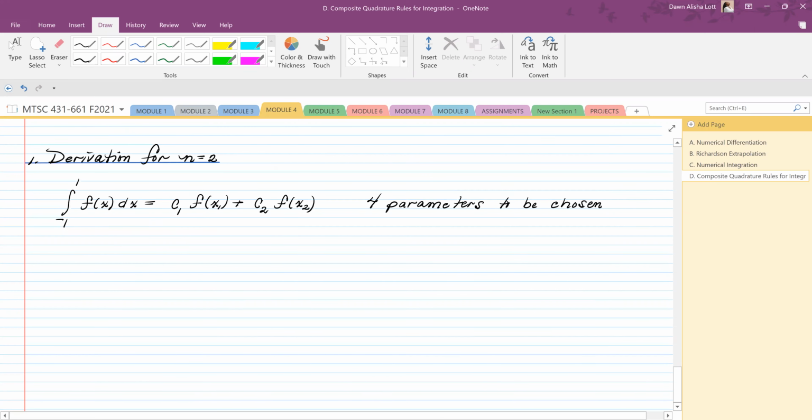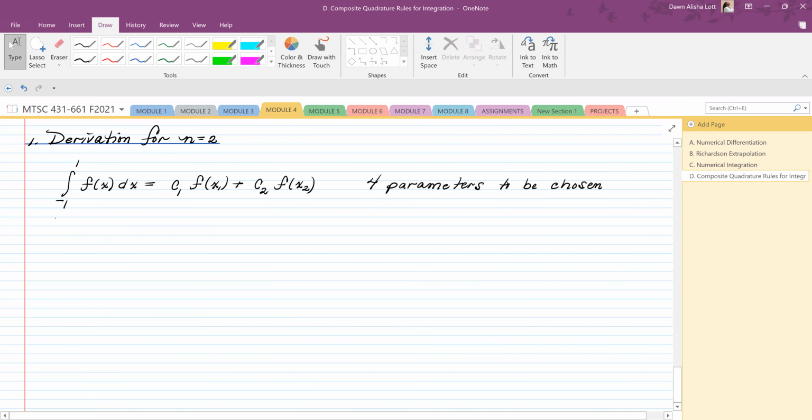All right, so let's suppose that f of x looks like a naught plus a1x plus a2x squared plus a3x cubed.